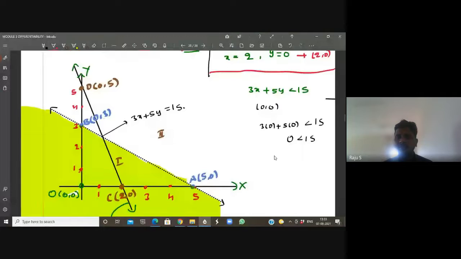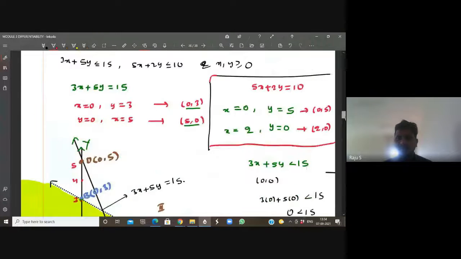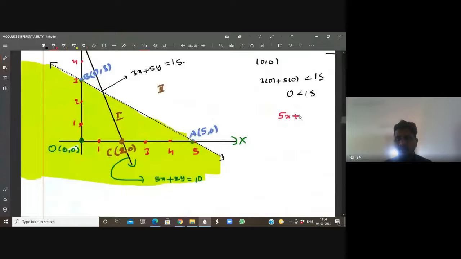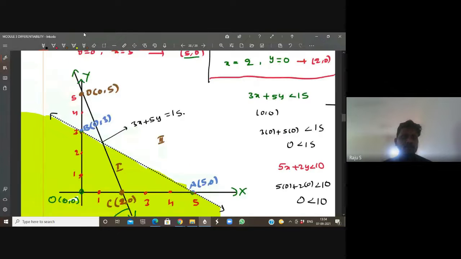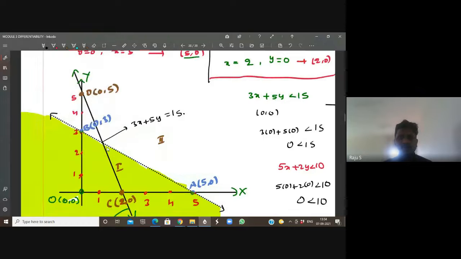In the same way, next one is 5x plus 2y lesser than 10. Again, substitute (0, 0) here. 5 into 0 plus 2 into 0 is lesser than 10, means 0 is lesser than 10. Yes, here also (0, 0) is one of the solutions.